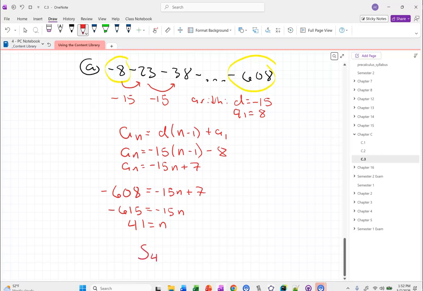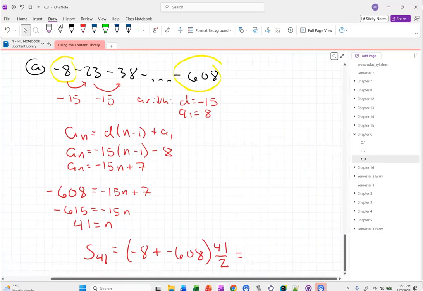So we would say then the sum of the first 41 terms of this sequence is the first term plus the last term times 41 over 2. I'm going to enter that into my calculator.